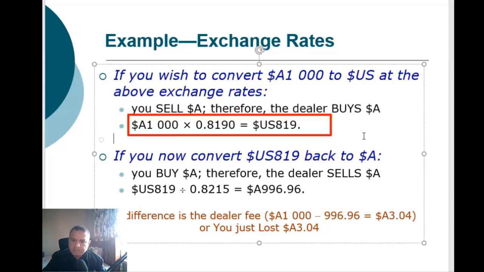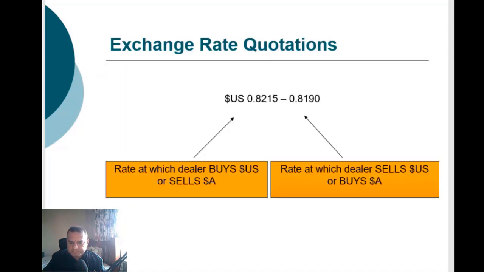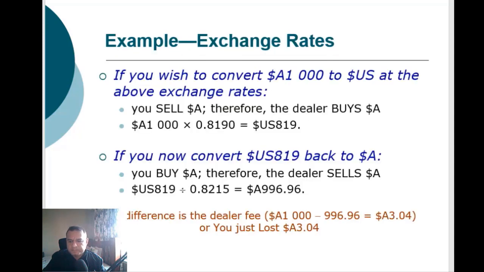will be US$819. Now if you want to convert the US dollars you just got, US$819, back to Australian dollars, then you are going to buy the Australian dollar, therefore the seller will sell the Australian dollar, and the rate is 0.8215.